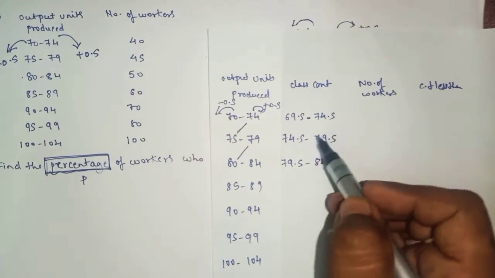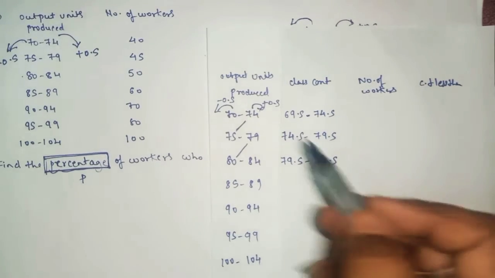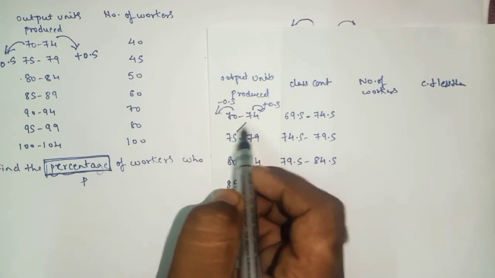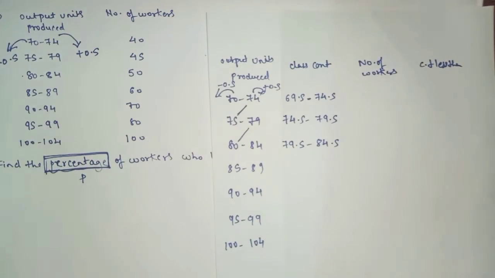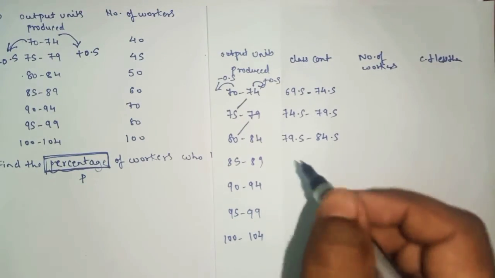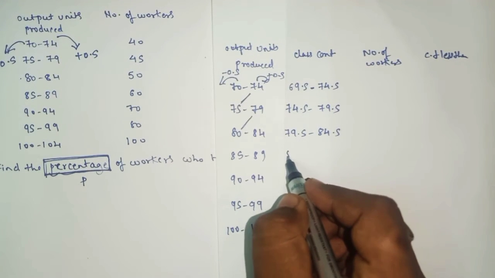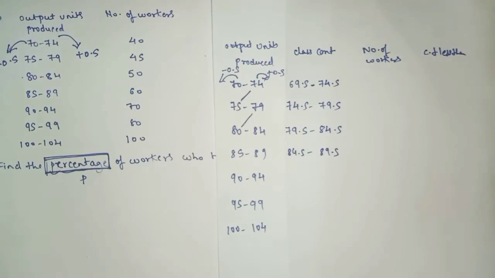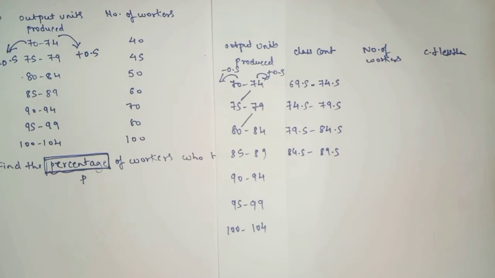Got the idea? Subtract from the lower limit and add to the upper limit; in this way you make the uncontinuous class continuous. I hope you all know this, as these small things were in your lower standard.